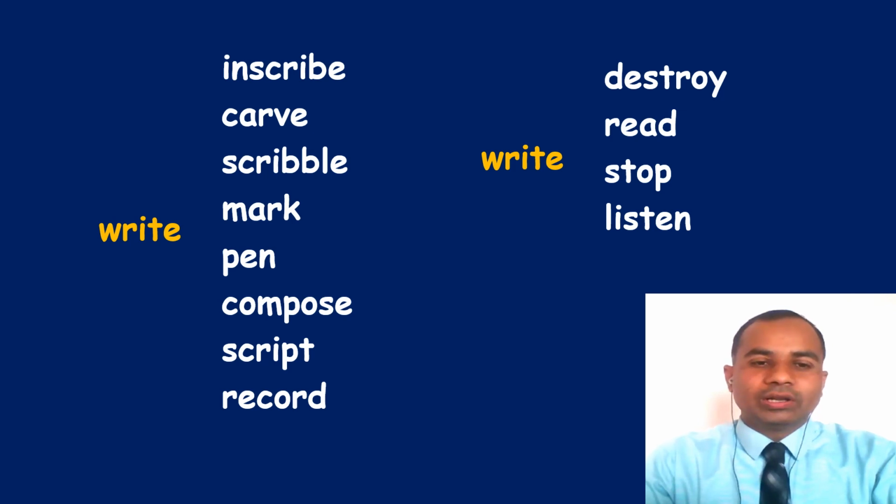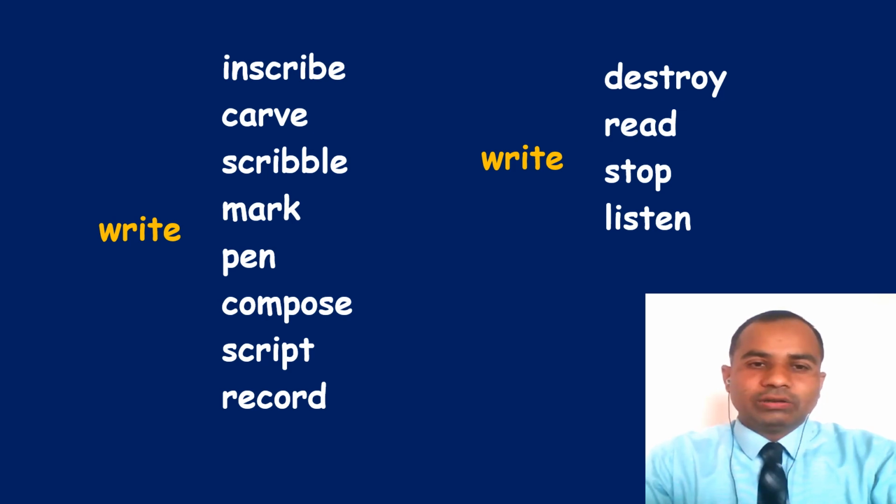So you will easily be able to know that these are nothing but synonyms. But we have to know what is meant by inscribe or carve or scribble, mark, pen and other words of this kind.